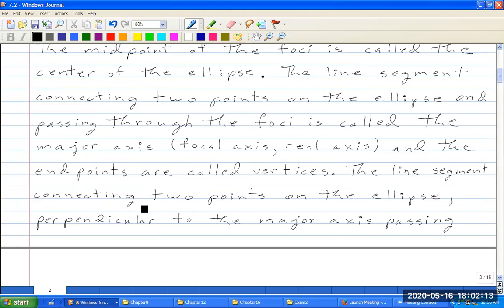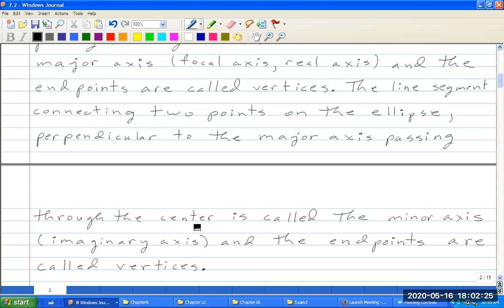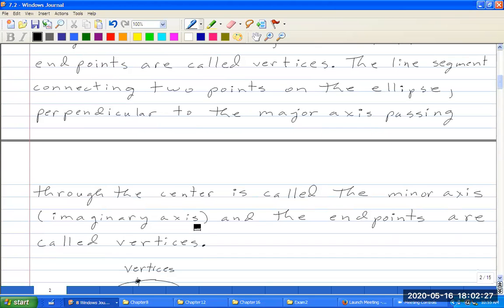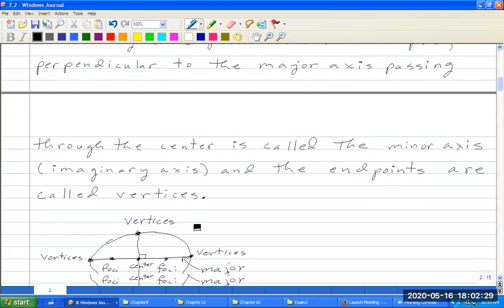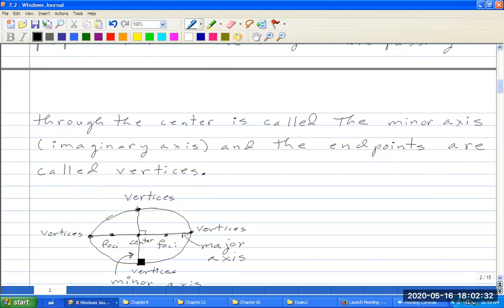The line segment connecting 2 points on the ellipse perpendicular to the major axis at the center is called the minor axis or the imaginary axis, and the endpoints are called vertices. So if I take a line perpendicular to the major axis passing through the center, then this is called the minor axis, and these endpoints are called vertices.